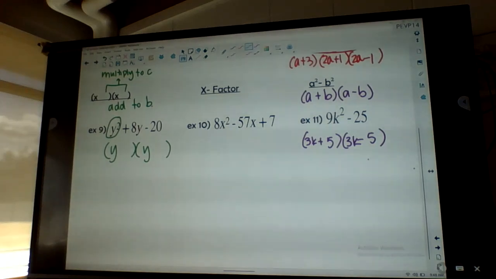So we're going to multiply to get a negative 20, but add to get a positive 8. So again, if you're not great at coming up with these factors, I make my list here, and there's only one of them that will add to give me a positive 8, and that's going to be my negative 2 and positive 10.